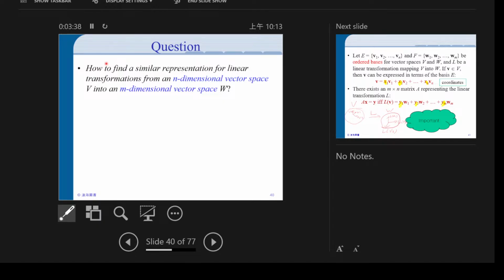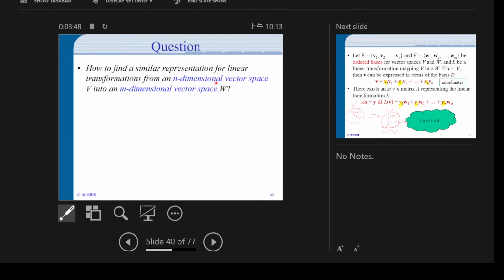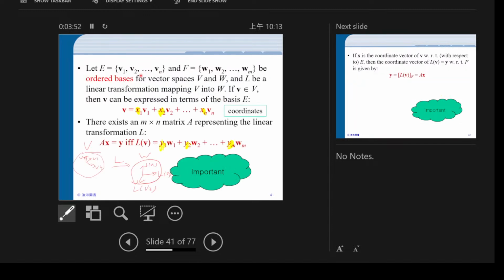The answer is yes, and we do it in a kind of lazy way. Basically, we map any n-dimensional space and any m-dimensional space to Rn and Rm by finding an ordered basis for each of them.